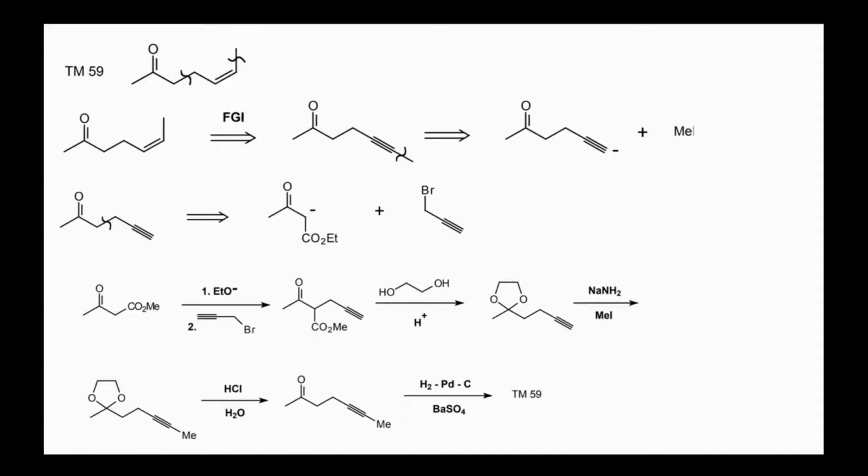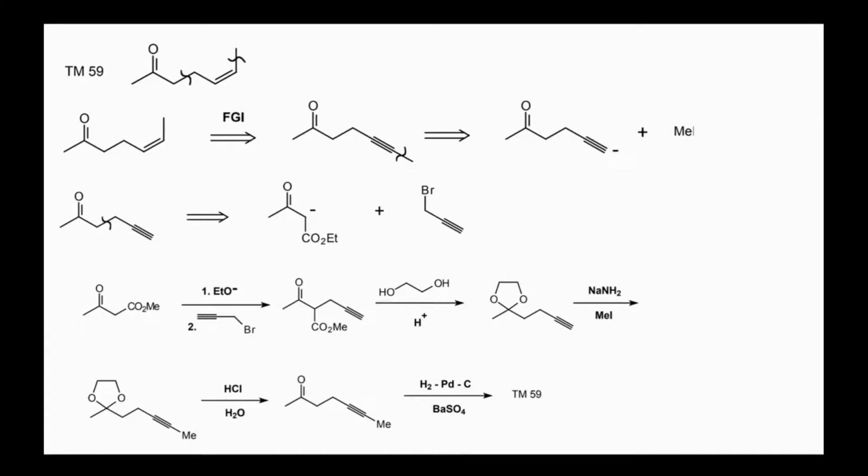And in the next step, what we are doing is protecting this ketone by the acetal strategy. And in the next step, what you are doing is alkylation of this alkyne. And in the next step, you are removing this protecting group using HCl and H2O, because acetals can be deprotected or removed in acidic conditions.